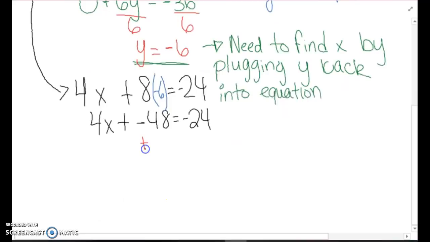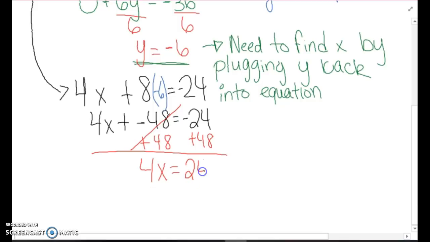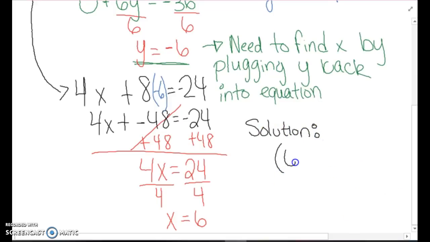I am going to add my 48. These cancel out. 4x equals 24. Divide by 4, divide by 4. X equals 6. So the solution to my system of equations is x is 6 and y is negative 6. So this is my solution.